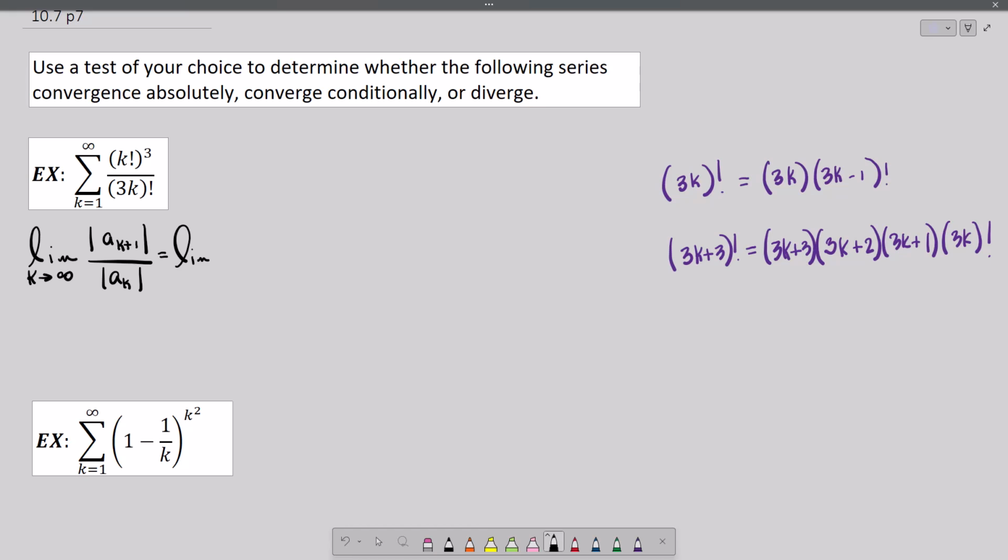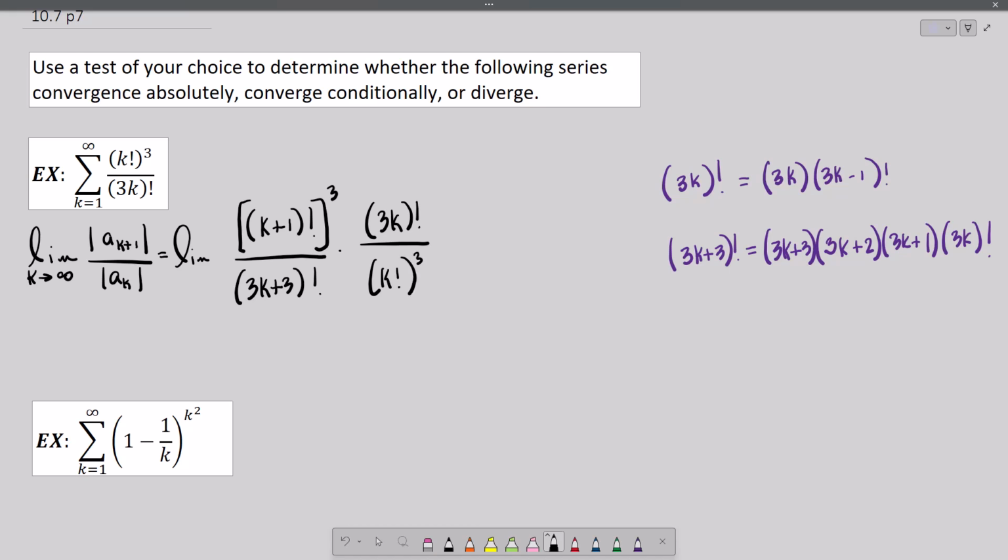All right, so I'll write out at least the ratio first. So that's what your first step should look like. When you replace the k's with the k plus 1, that's what it should look like.